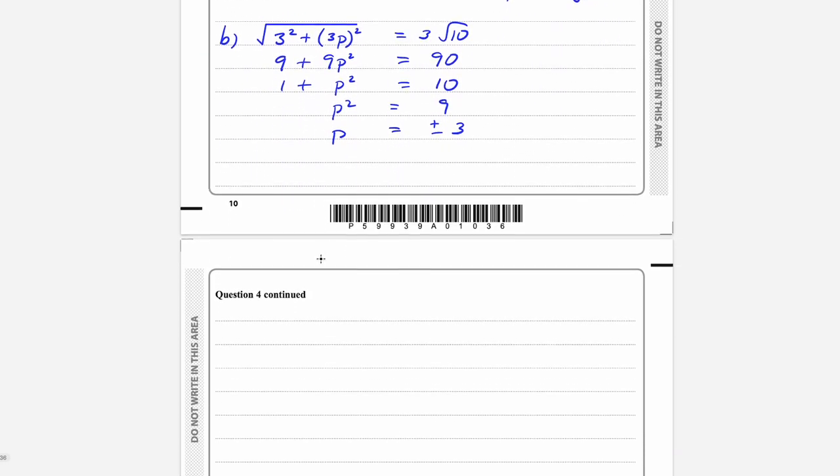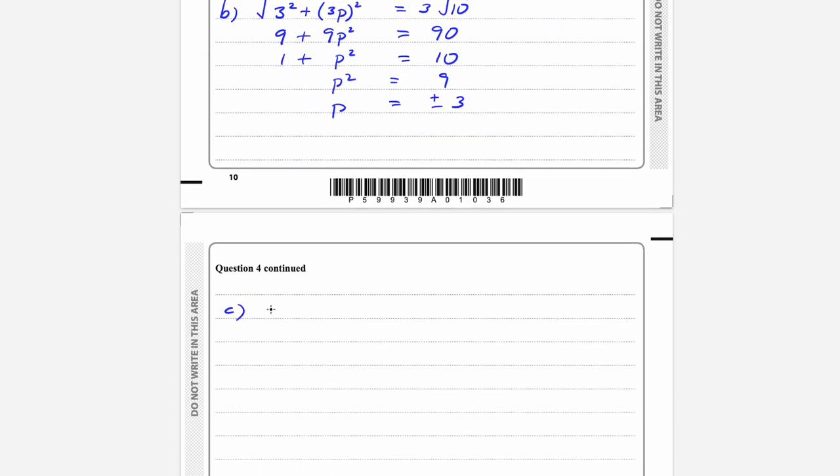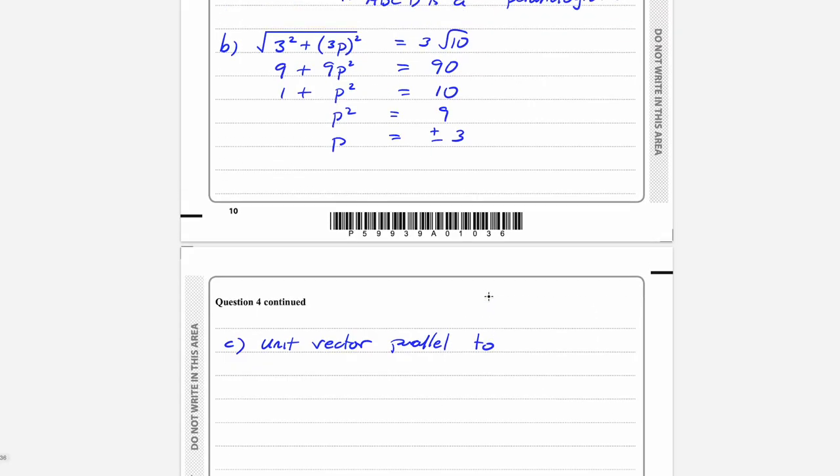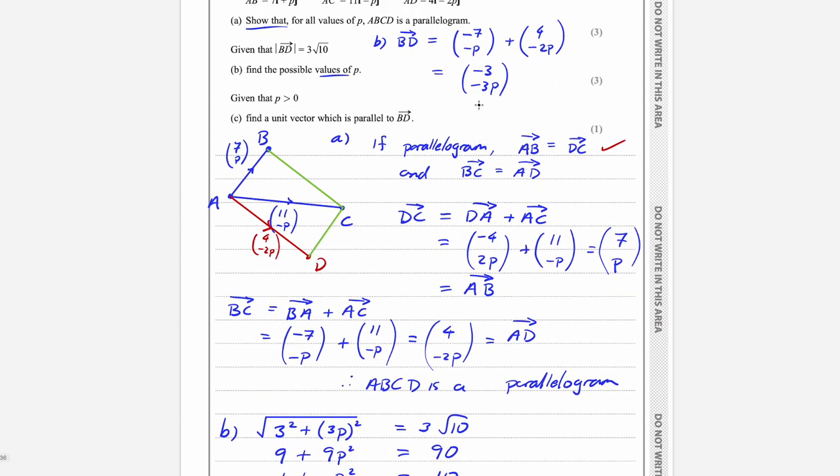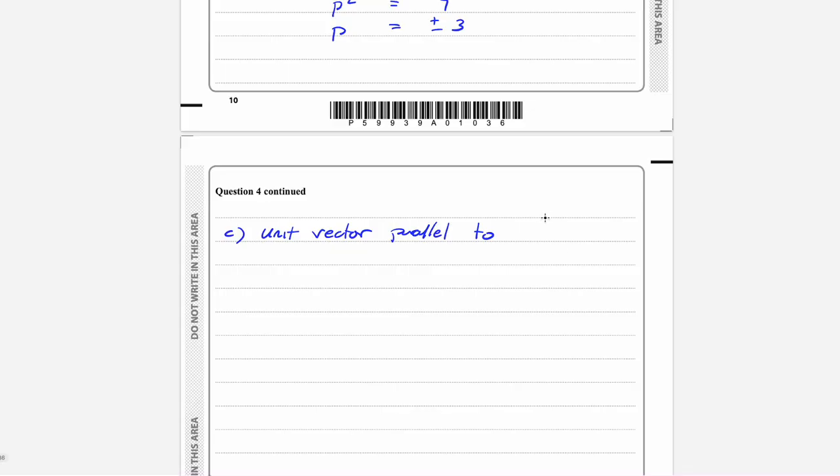So the unit vector, parallel to BD, now BD is minus 3, minus 3P. If you remember how to do it, guys, you just divide the vector by the length.